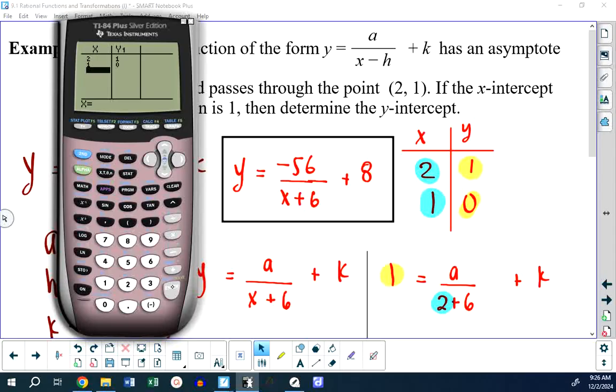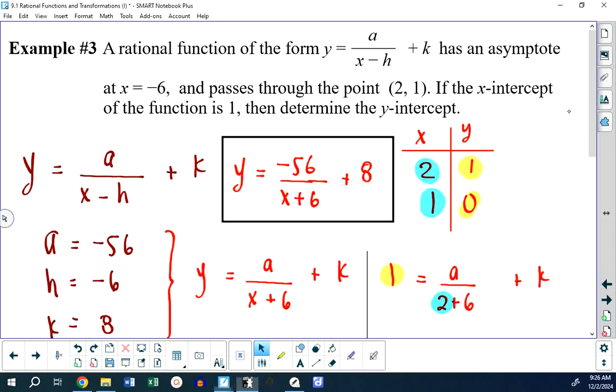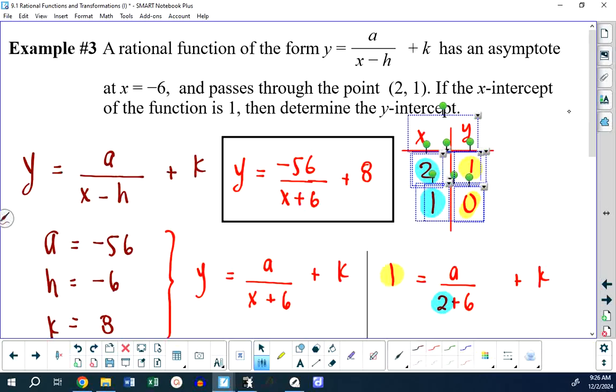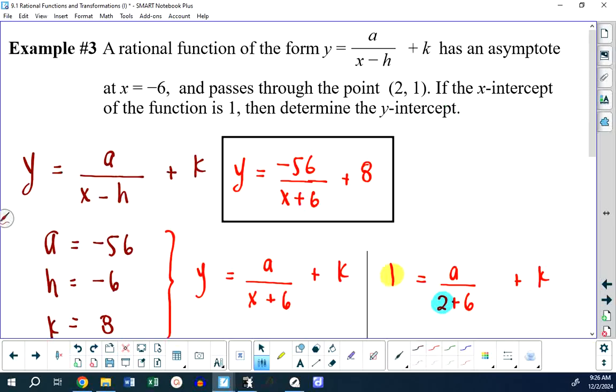Now, how am I going to find the y-intercept? I'm going to put 0 in for x. If you want to do that on paper, your y-intercept will be negative 56 over 0 plus 6 plus 8.